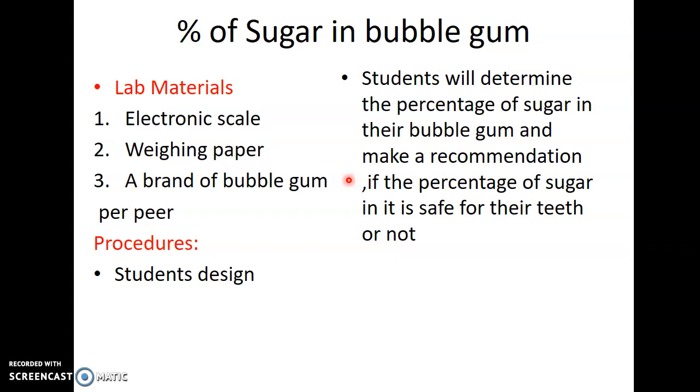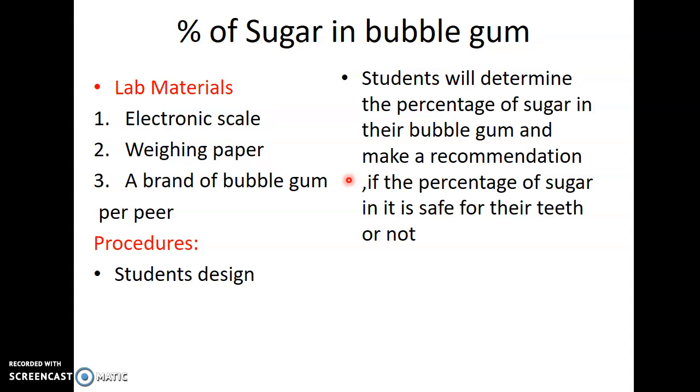The mini lab will involve pairing up students, and giving them a brand of bubblegum. Ask them to design an experiment to find the percentage of sugar in the bubblegum they have. So, they will have to design the experiment themselves and figure out how they are going to do it, and then give the teacher the proposal, like an outline of what they're going to do.